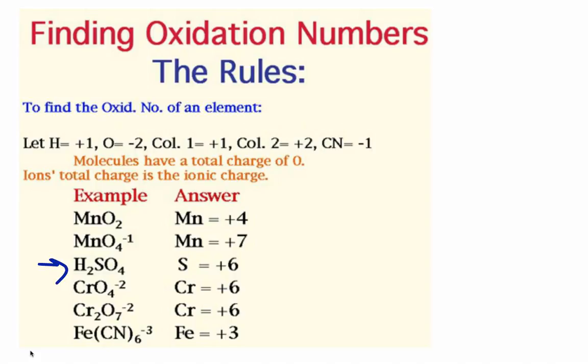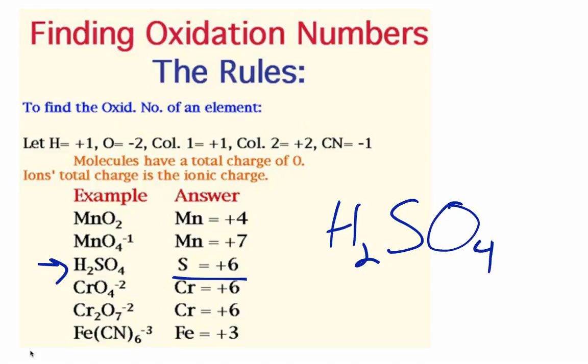We have sulfuric acid. Notice it's telling us obviously the answer, but let's see how that is derived. So H2SO4. Again, for a compound like this, we want to work off the edges. It's a neutral compound, but we also want to start with oxygen, because oxygen can be a peroxide, but again, that's kind of rare. So -2 times 4 is an overall -8 charge on our oxygen.